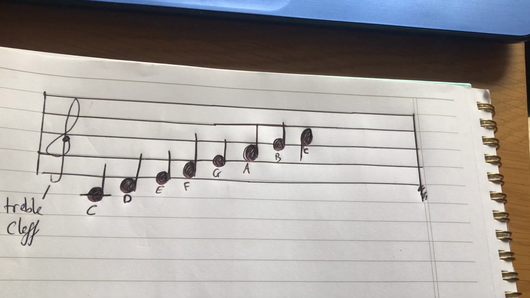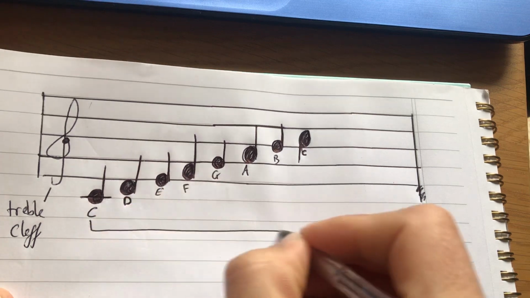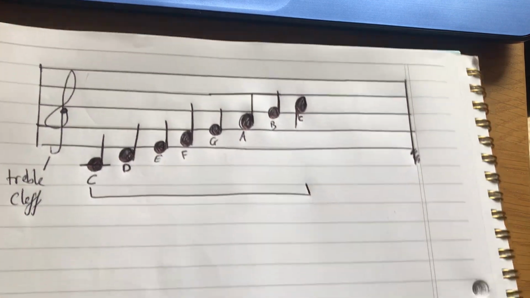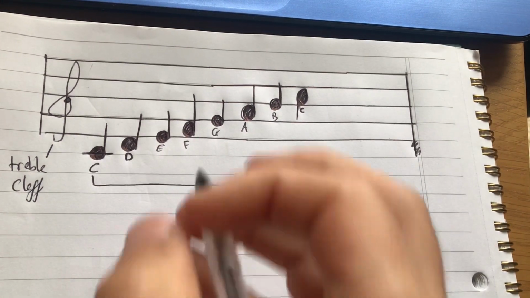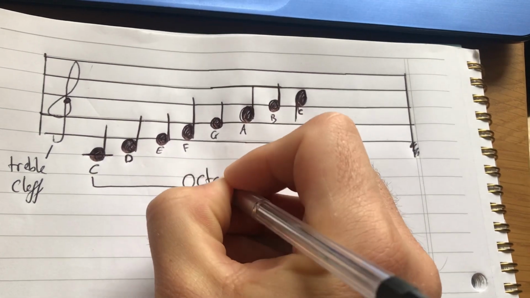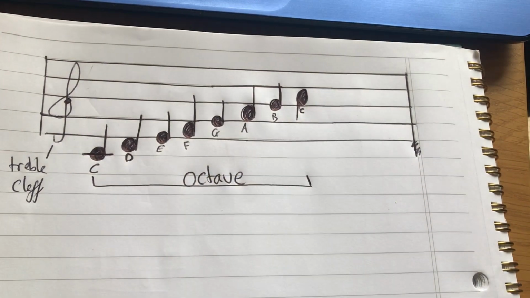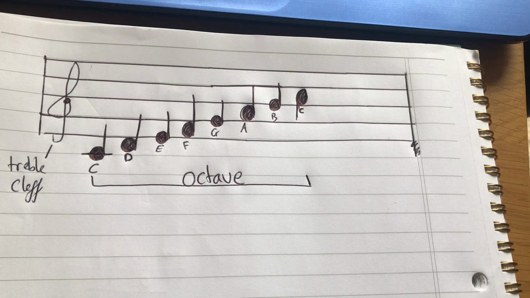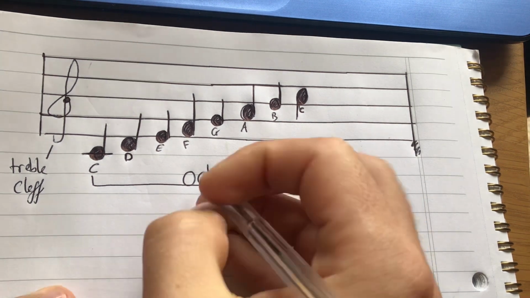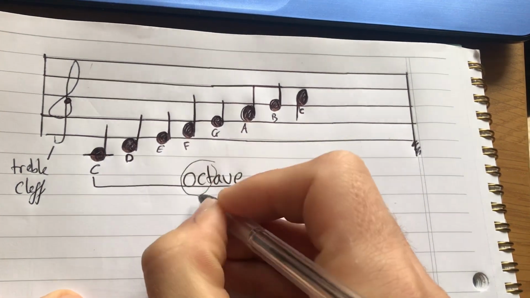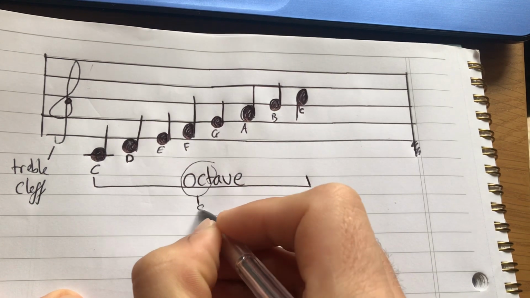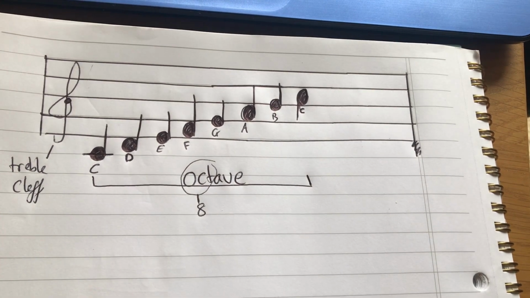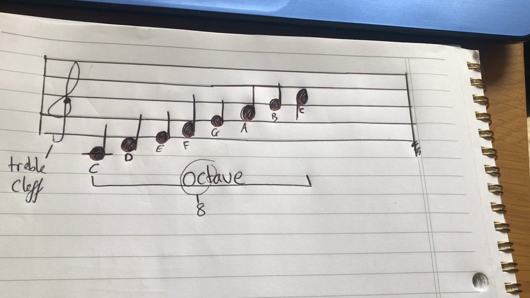Now, hang on a minute. Let's use some English here. You can hear something in the word octave that will tell you how many notes there are. Octave. Octagon, octopus, 8. So octave, 8 natural and neutral notes. Okay?